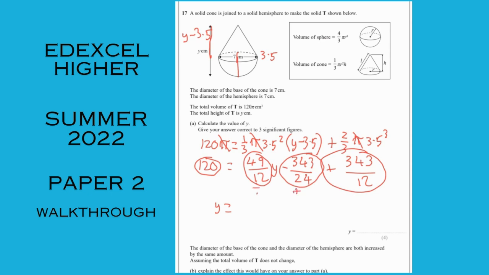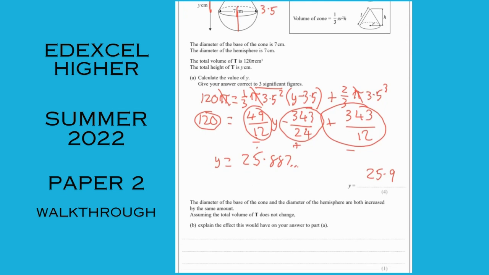Alright, so add that, subtract that, and divide by 49/12. You get 25.887, and on. 3 sig figs, 25.9.